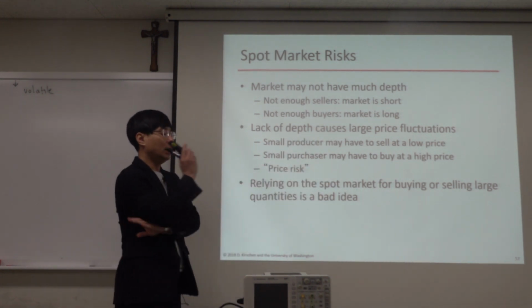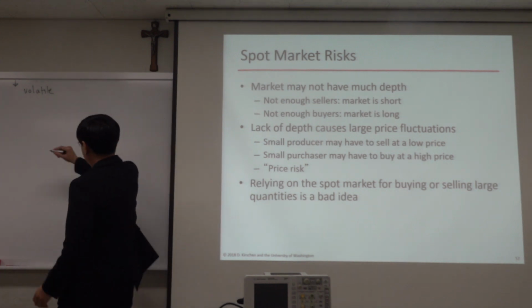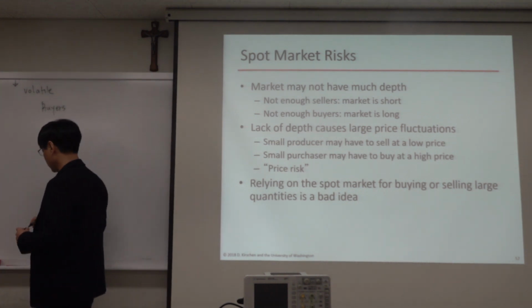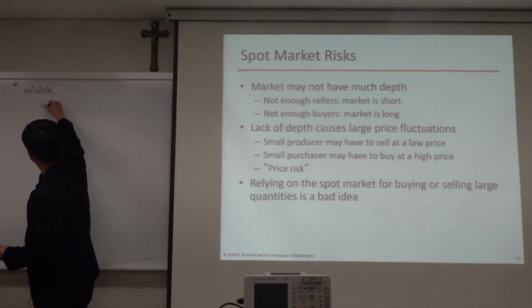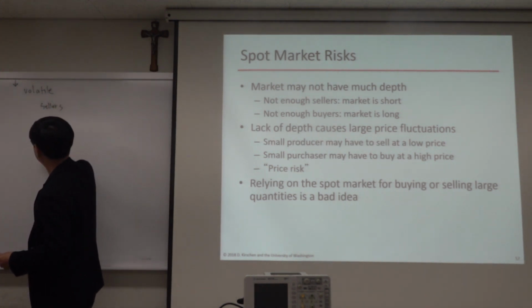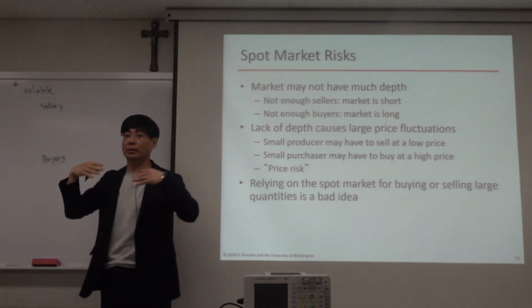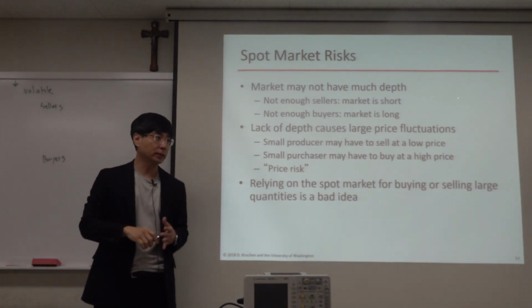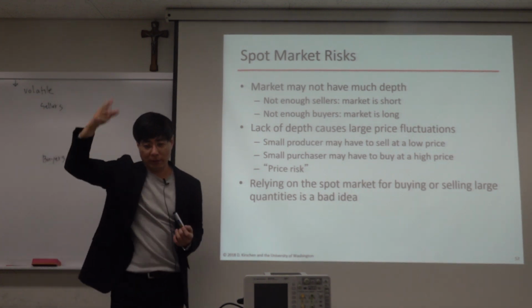In that case, today you need to take either a buyer's position or a seller's position. Sellers want to sell at a higher price, right? Buyers want to buy at a lower price, and the price fluctuates every minute, every second.